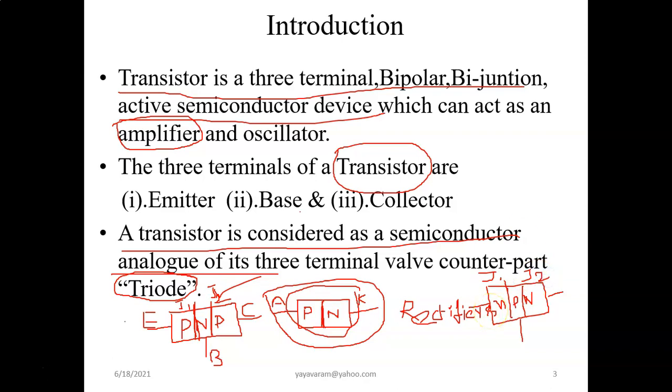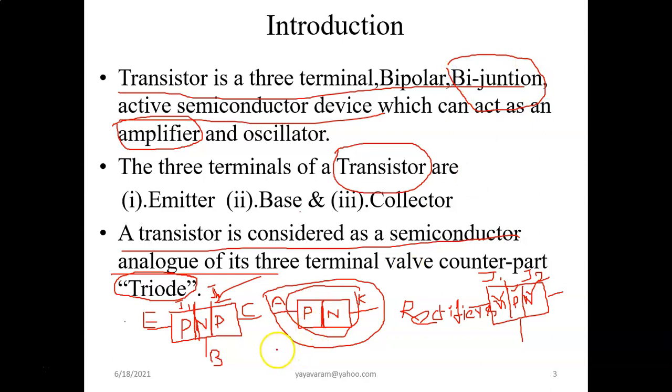And also if you observe carefully, there are two types of charge carriers. As you know already, basic semiconductor physics says P means holes, N means electrons. NPN, N means electrons, and also holes. That means there are two types of charge carriers. That is bipolar, bijunction. It has two junctions.